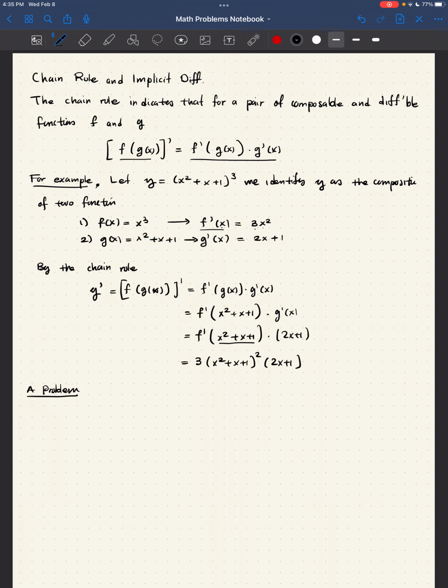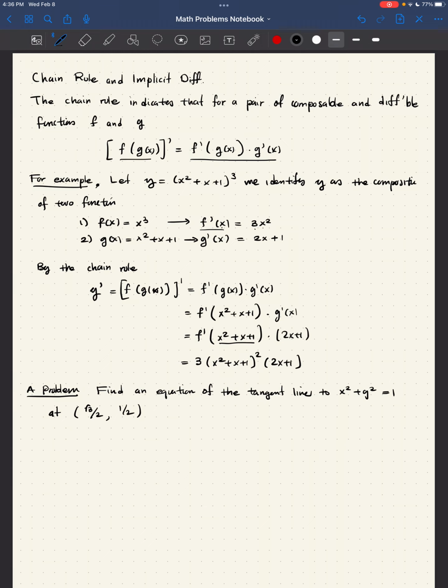Okay, first let's find an equation of the tangent line to x squared plus y squared equal to 1. So this curve is a circle of radius 1, center at the origin, at the point given by square root of 3 divided by 2, comma, 1/2.